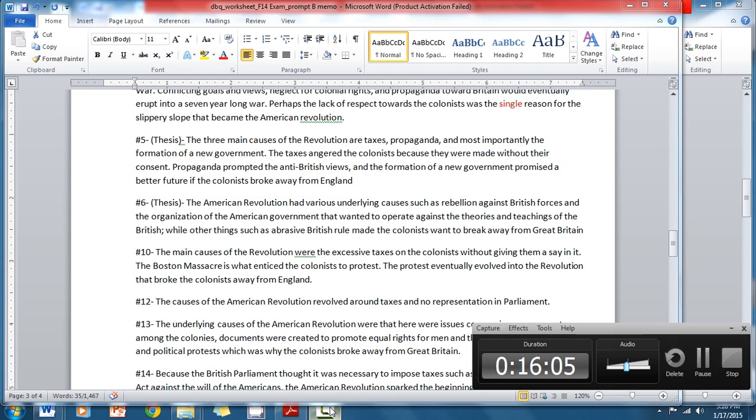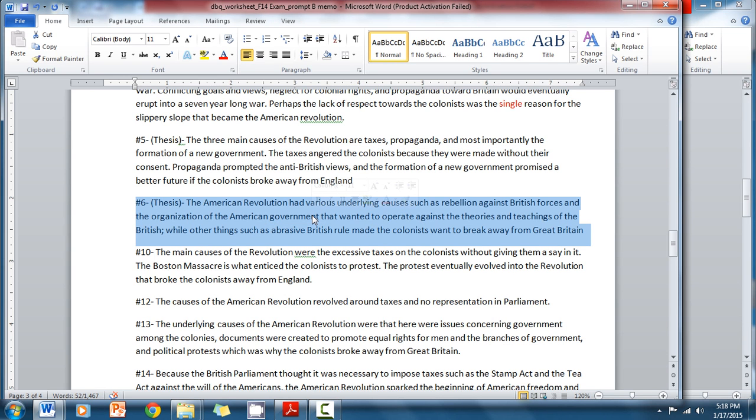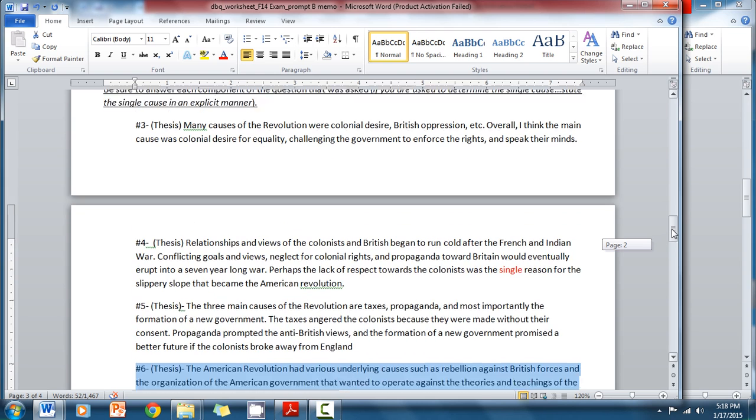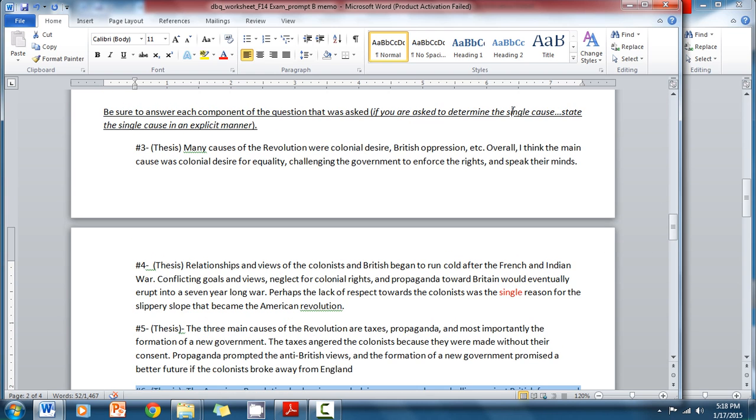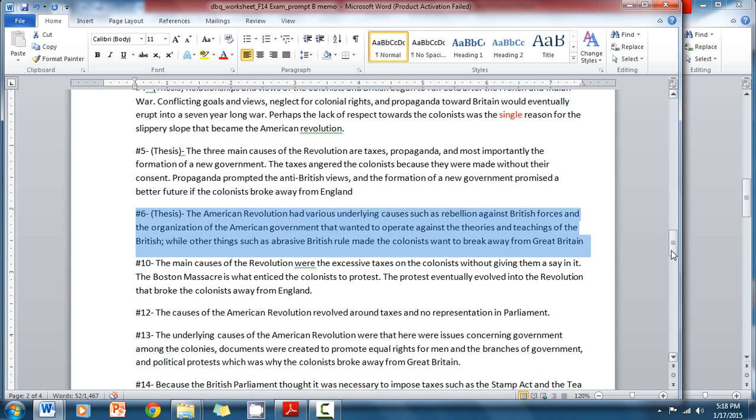That's not in there. All right, so student number 6, the American Revolution had various underlying causes, such as rebellion against British forces and the organization of the American government that wanted to operate against the theories and teachings of the British, while other things, such as abrasive British rule, made the colonists want to break away from Great Britain. All right, this thesis statement is fine. It's just incomplete. The only thing that's not obvious here is what you are deeming as the single most enticing cause.